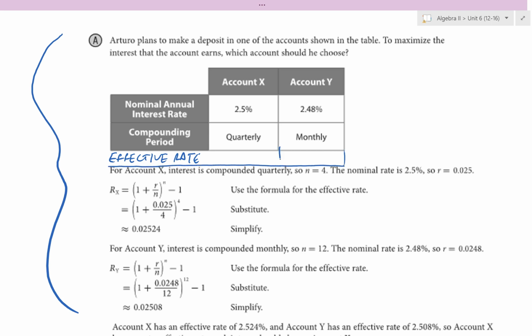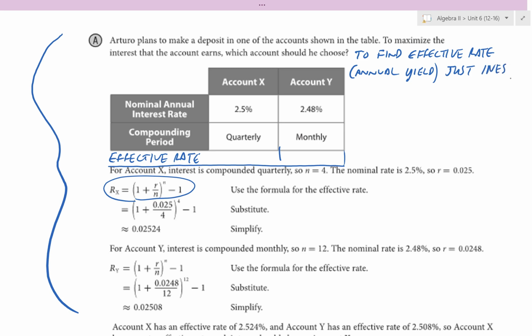Instead of using the formula that the book uses, I try to make it simpler. To find the effective rate, which is also called annual yield, just invest $1 for 1 year.